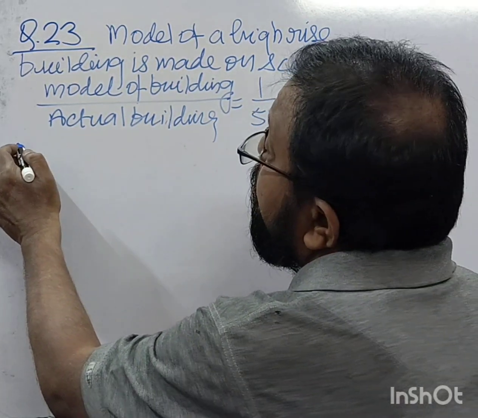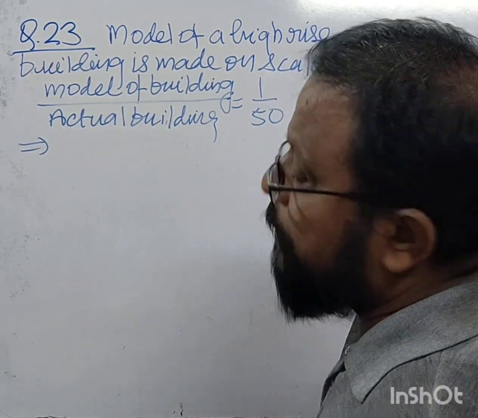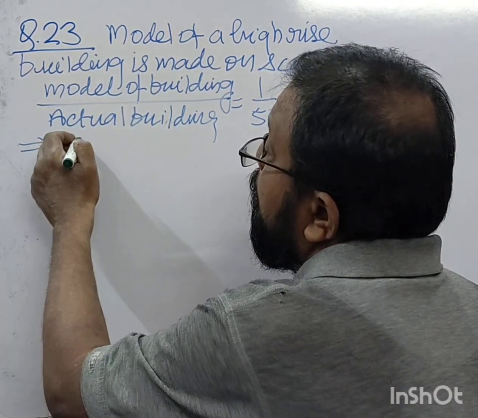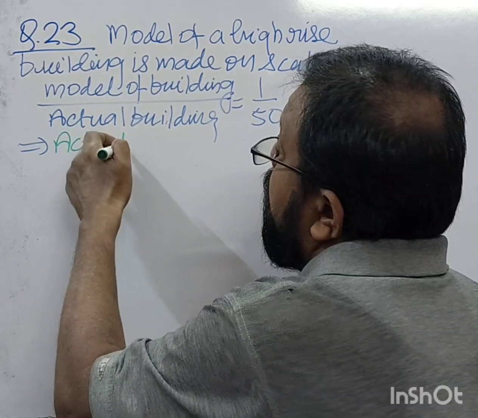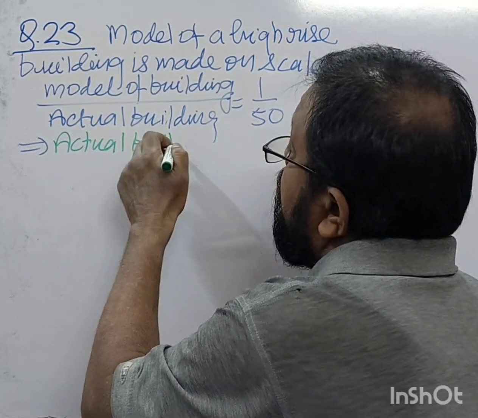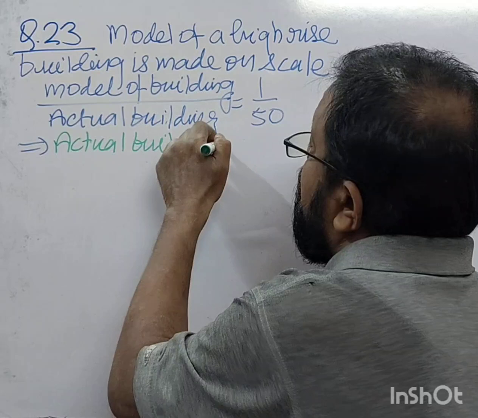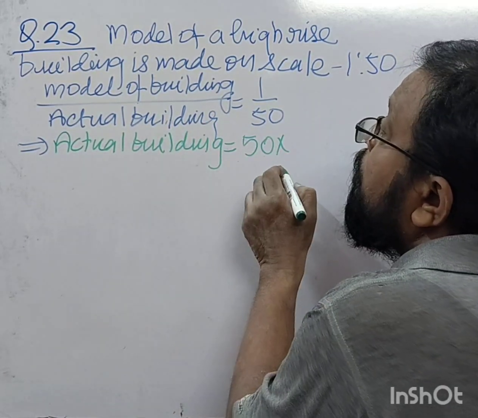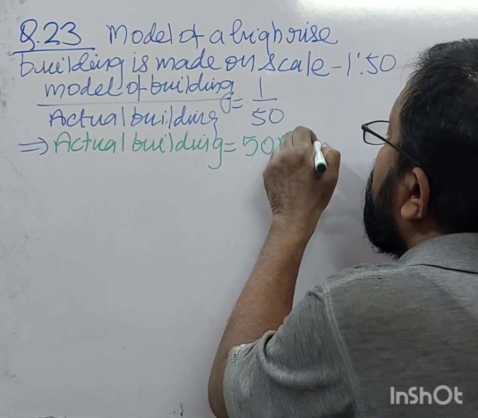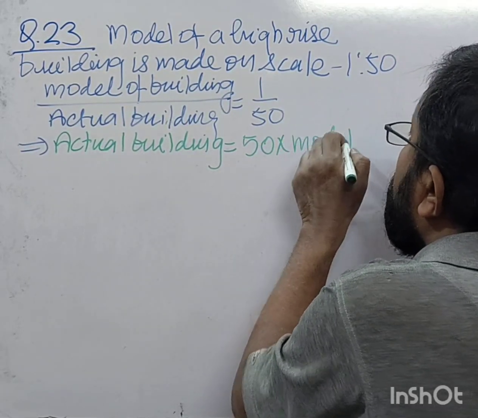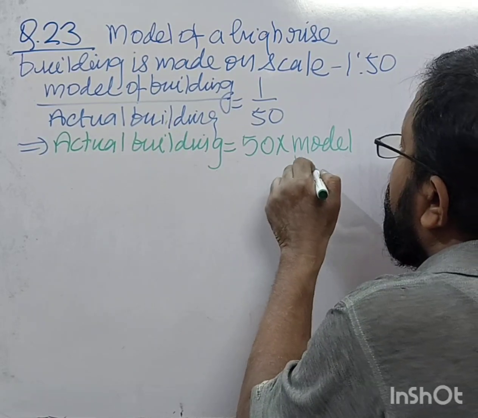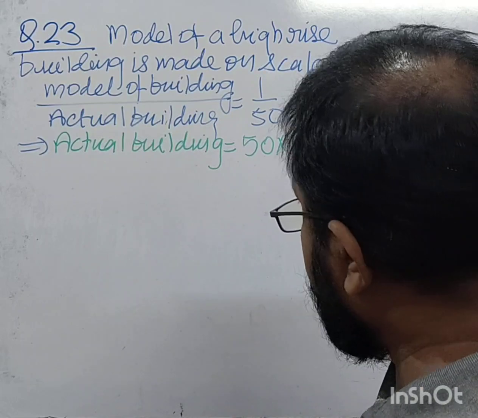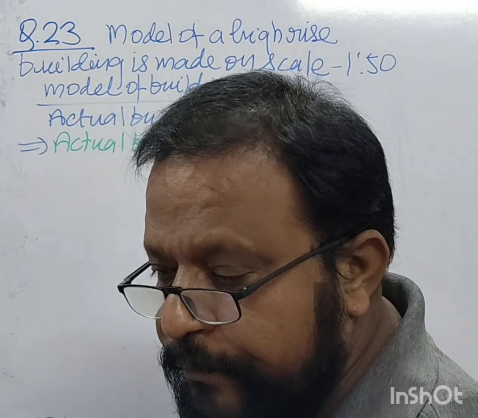Or you can write actual building is equal to 50 into model building. Right? This we have. Great.